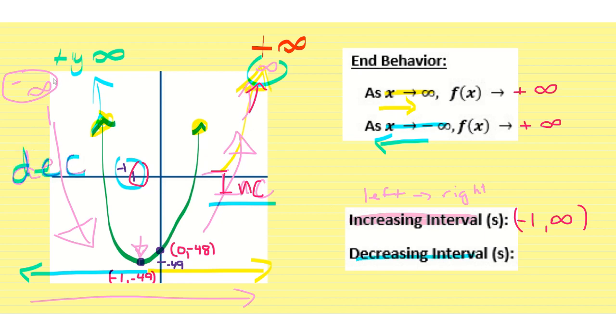It started decreasing way over here in negative infinity, and it went down, down, down, and it shifted gears at that -1, that vertex number. So it goes down from way over in negative infinity to that -1 in the vertex, and then it shifts gears.